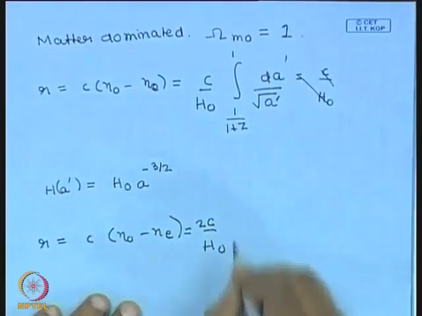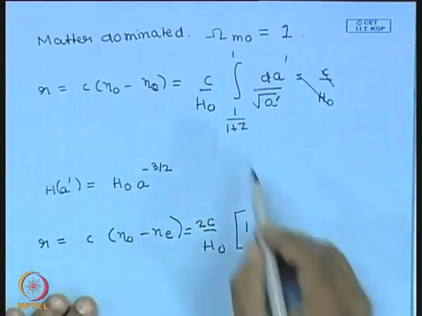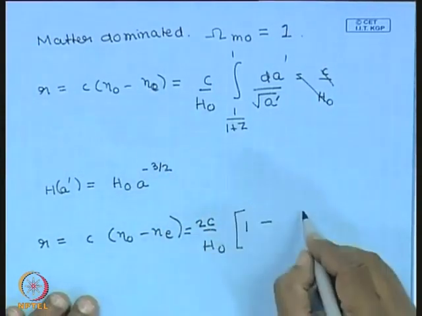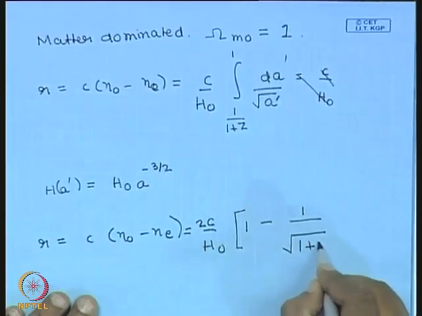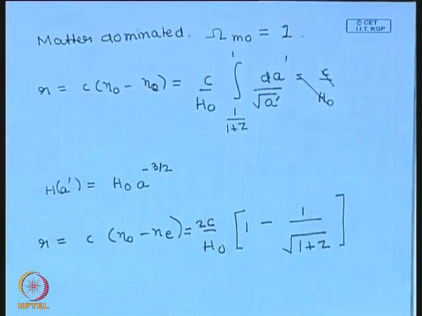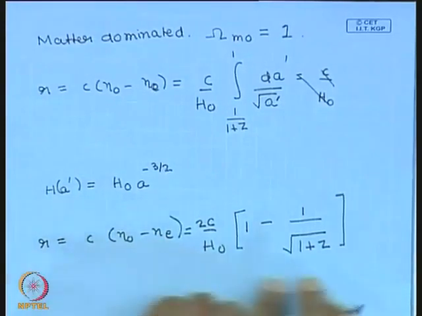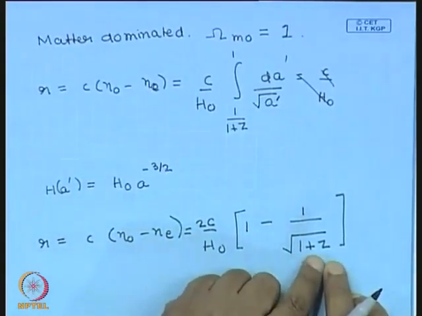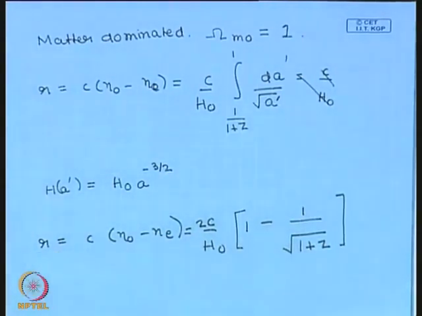The upper limit is 1, so I have 1 minus the lower limit of a, which is 1 by 1 plus z, so 1 minus square root of 1 plus z. This is the relation which tells me the interval of conformal time, how that is related to the redshift of the source. It also tells me the comoving distance to the source in terms of the redshift.